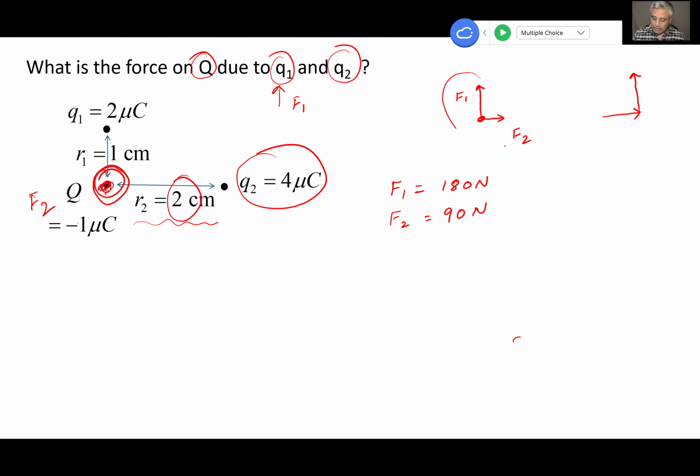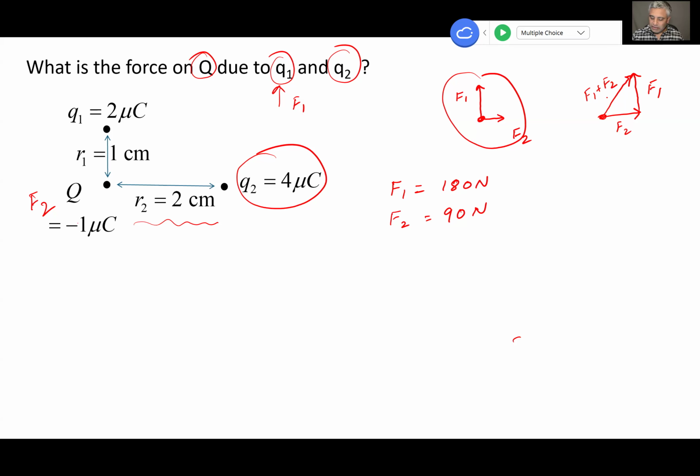But these are already 90 degrees. See, one is pointing this way, another is pointing that way, meaning the angle between them is 90 degrees. So we have F2 here, we have F1 here, and to add these, we can just draw from the tail of the first vector we drew to the tip of the last vector we drew. So that is our F1 plus F2 vector.